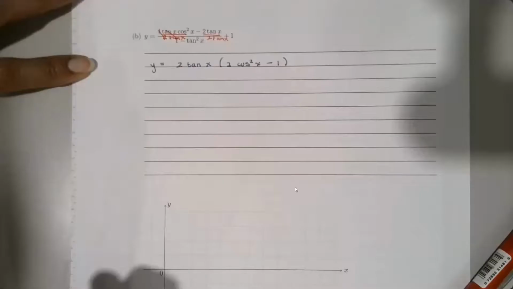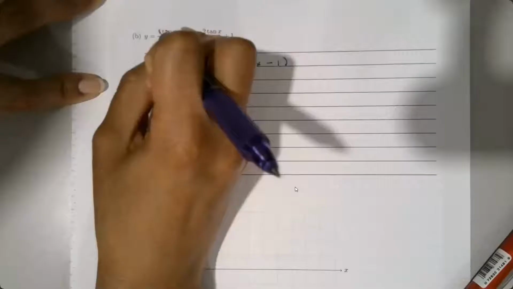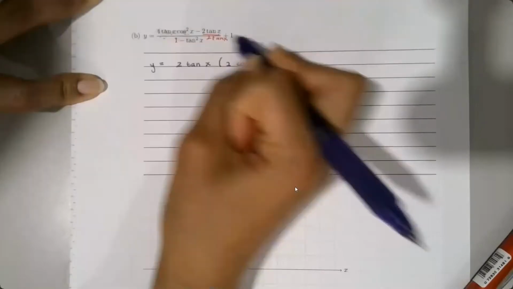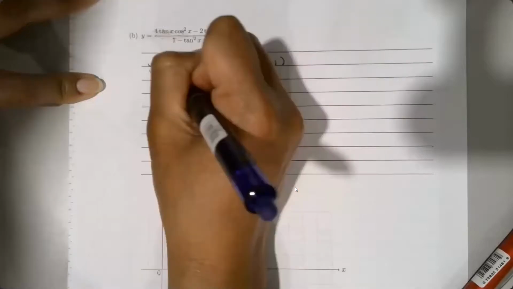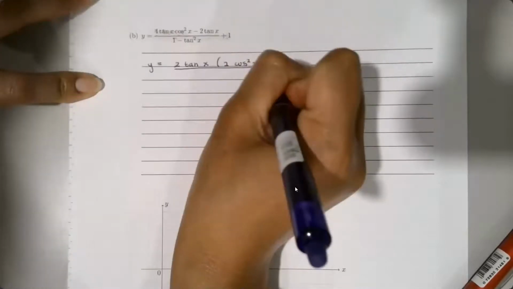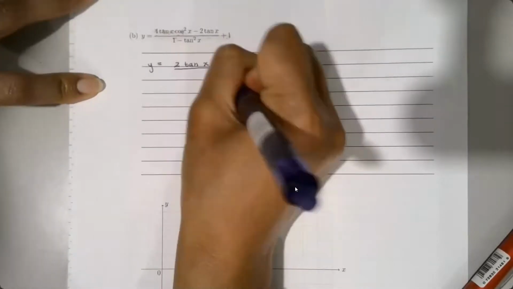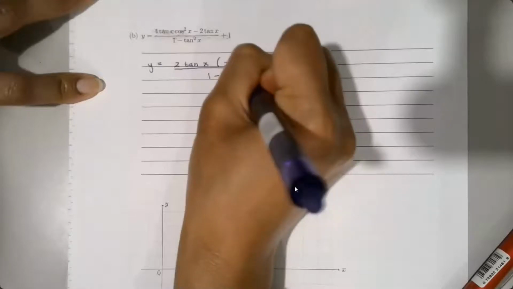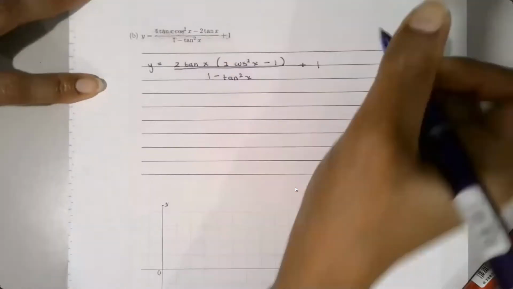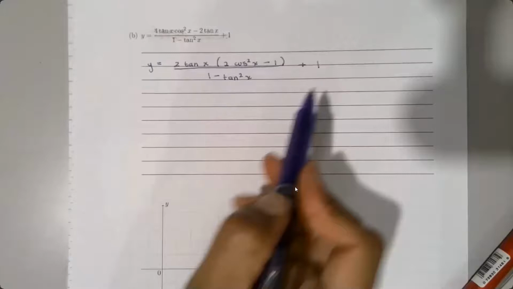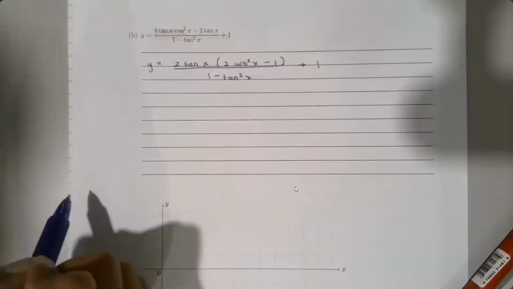So that's in the numerator. The denominator, we haven't done anything to it, so we're just going to write it the same: 1 minus tan squared x. And then we have this plus 1 constant that we need to bring down.